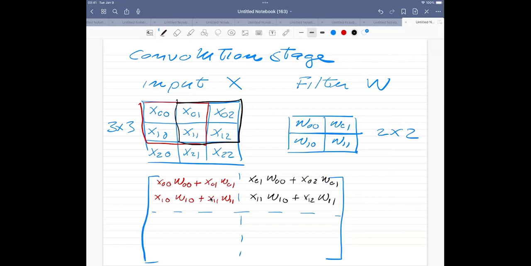So what I've done now is to move just one column. So if you notice this one, I just moved one column here. So this is called stride equal to 1. So S is a parameter which is called stride.